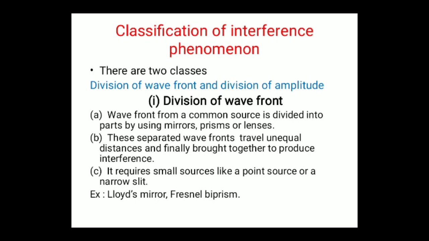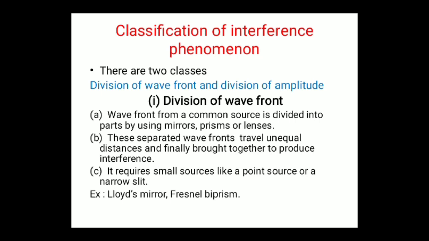Let us now discuss the classification of interference phenomena. There are two classes. The first one is division of wavefront and the second one is division of amplitude. In the division of wavefront class, the wavefront is divided into parts by using mirrors, prisms and lenses.